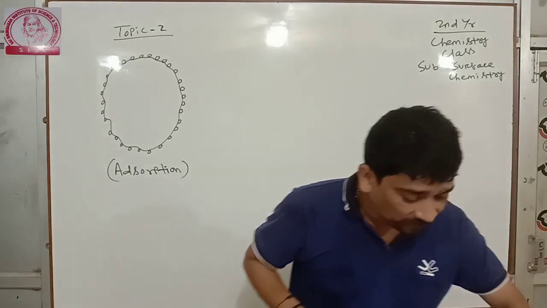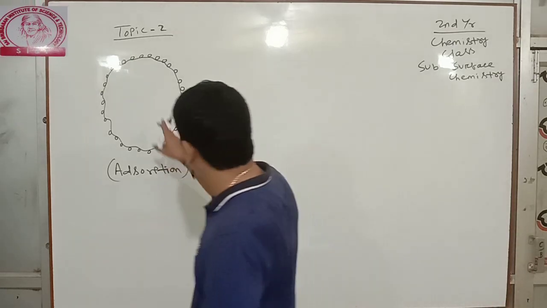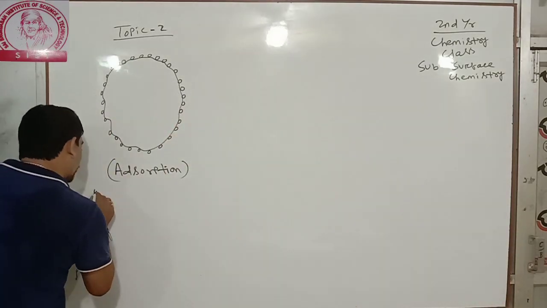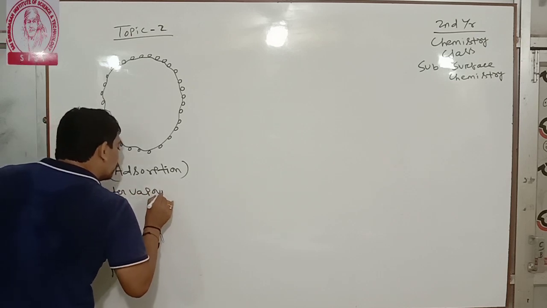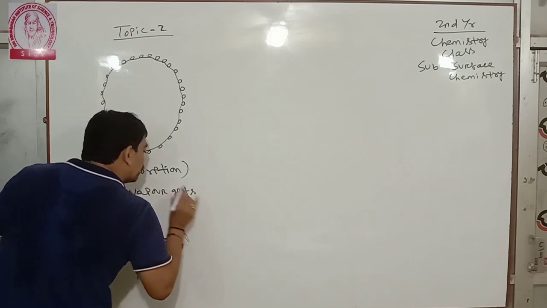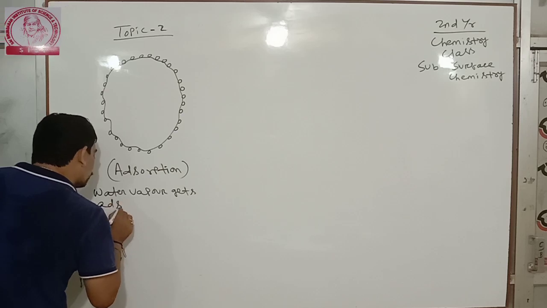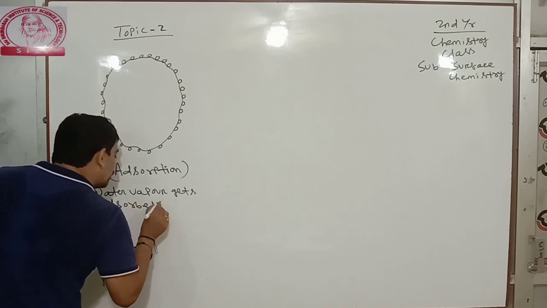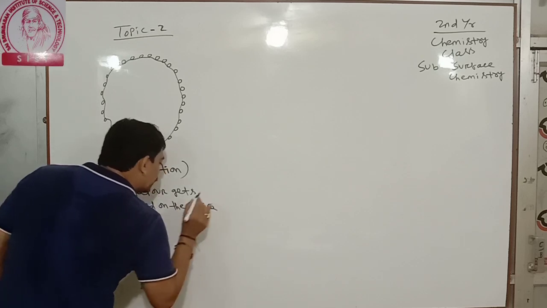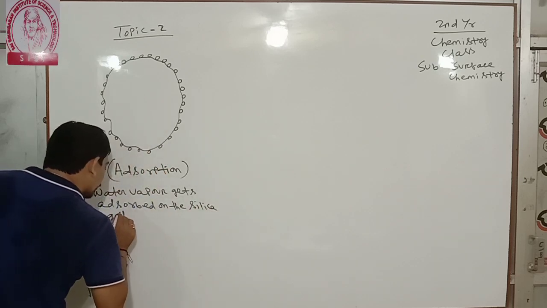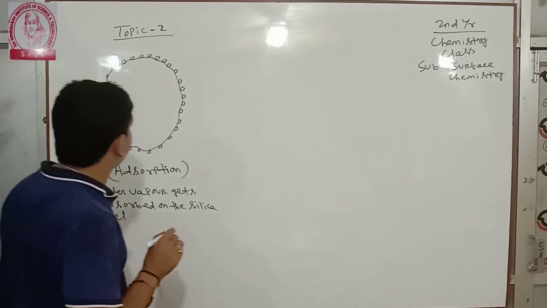So what is adsorption? Water vapor gets adsorbed on the silica gel. In an example, I am writing first, then I will explain. Water vapor gets adsorbed on the silica gel.